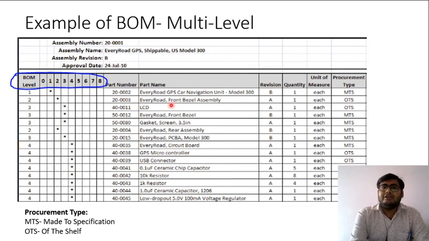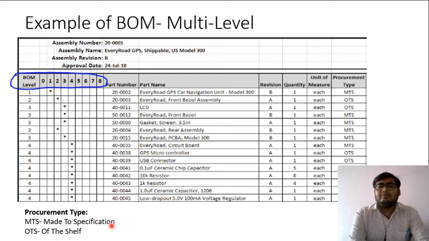Other than that, all the data, part number, part name, revision, quantity, will be the same. The procurement type, MTS or OTS, basically shows the type of procurement, how we are procuring this material. MTS means made to specification and OTS means off the shelf. So what do we mean by made to specification? By this we mean that the material or the part we need to produce is not available directly in the market, or it is not a standard product.